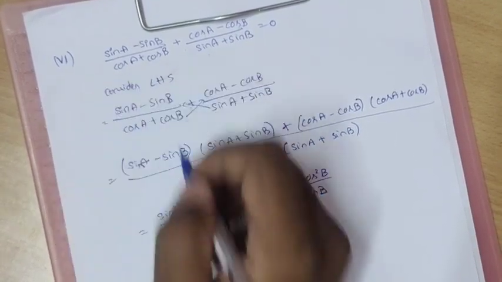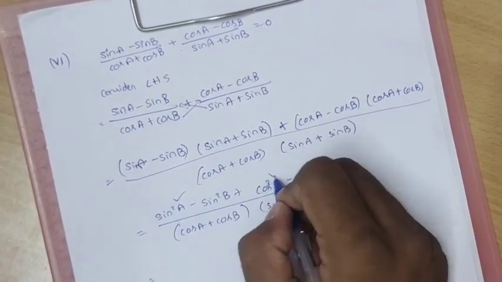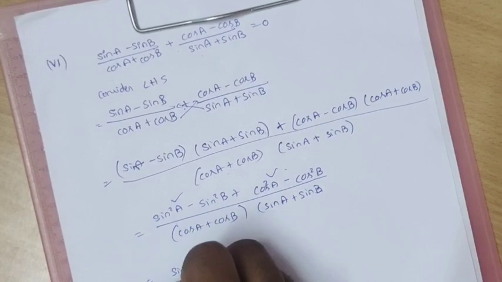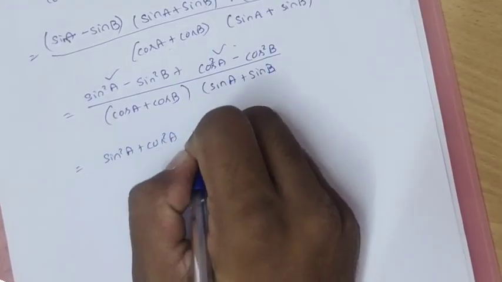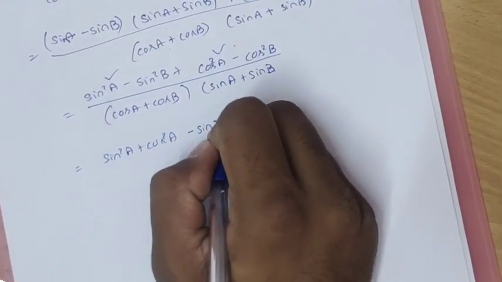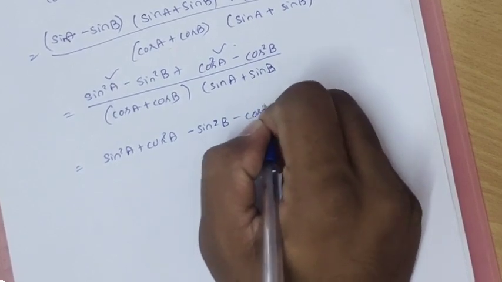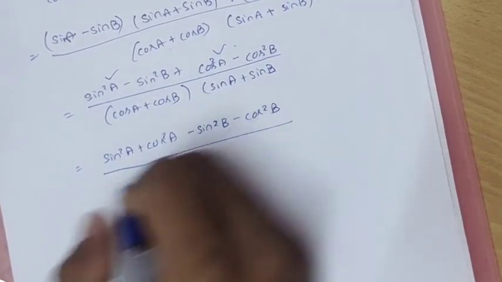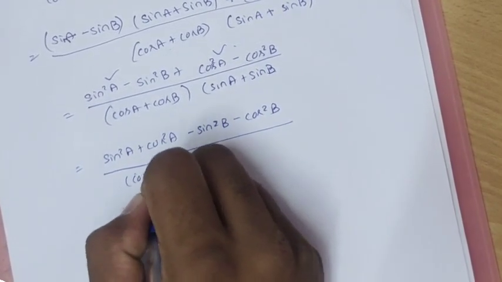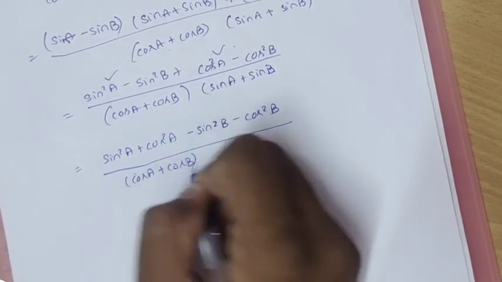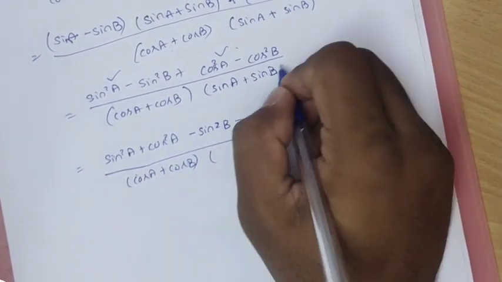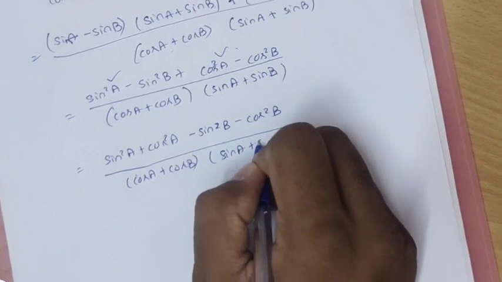So now, using this, sin square a plus cos square a minus sin square b minus cos square b whole dividing by cos a plus cos b into sin a plus sin b.